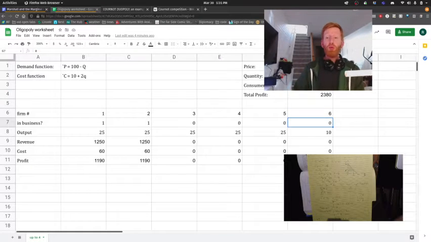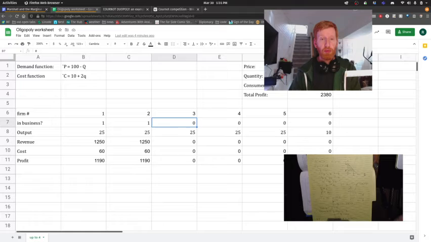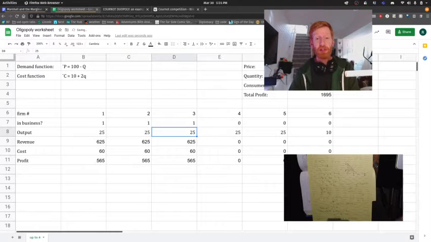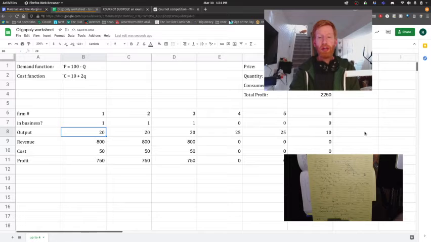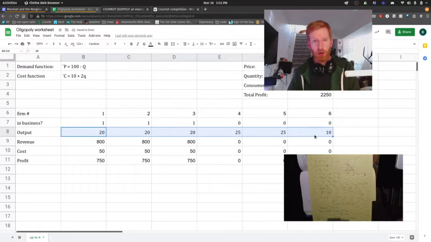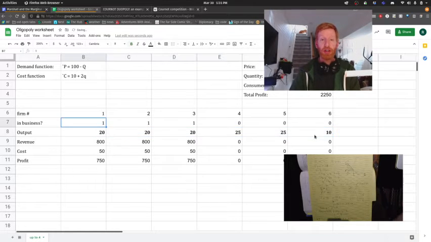Now, what you can do with this is fiddle around with the numbers. So ask what happens if we have a third firm and they're all selling 25 units. What if they're all selling 20 units? We can update what we've got in this row. This is sort of where all the action is.